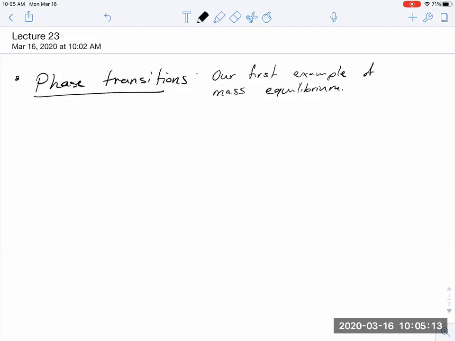So we ended last lecture with a little bit of a discussion about what phases were, introducing this idea of an order parameter, which is a parameter that distinguishes two phases.